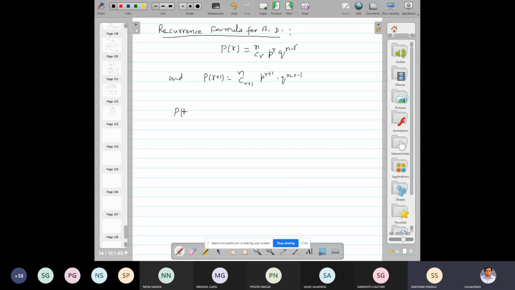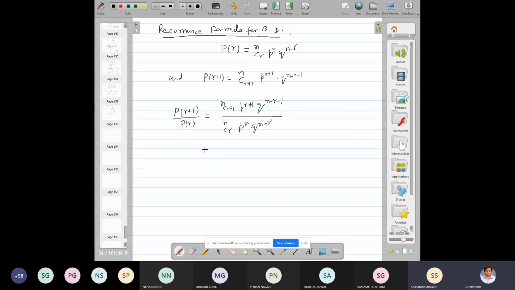Now consider this relation P(r+1) upon P(r). So this will be nC(r+1) p^(r+1) q^(n-r-1) divided by nCr p^r q^(n-r).